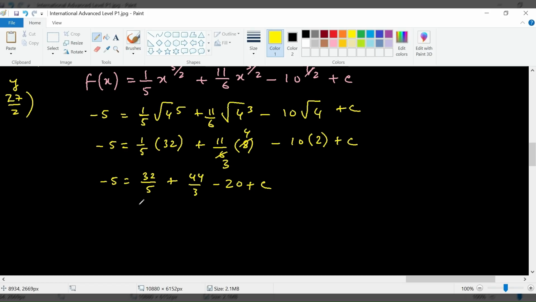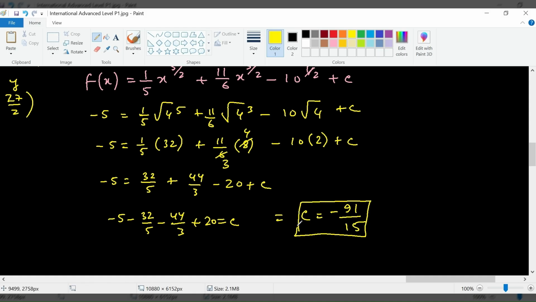Once we do all the calculations, what I can do is minus 5 plus 32 over 5, and this is going to be minus 32 over 5 minus 44 over 3, and this is going to be plus 20 is equal to c. So final answer is going to be c will be equal to negative 91 over 15. So this is the value of c that we are expected to find.